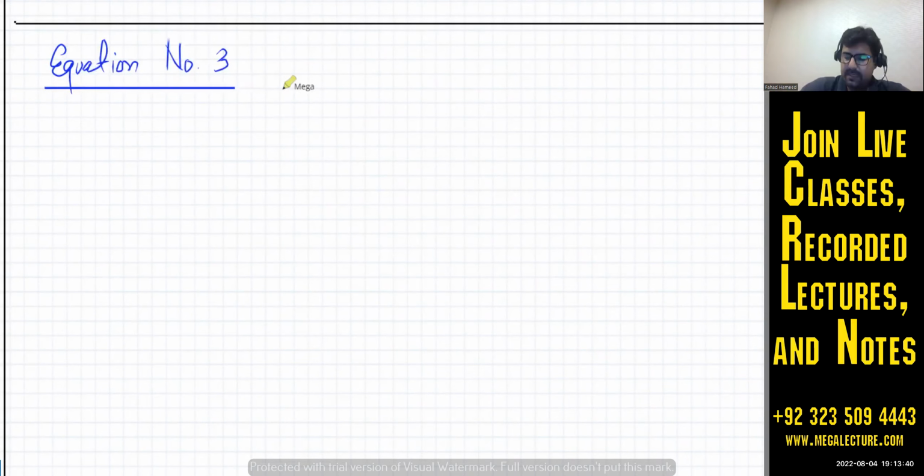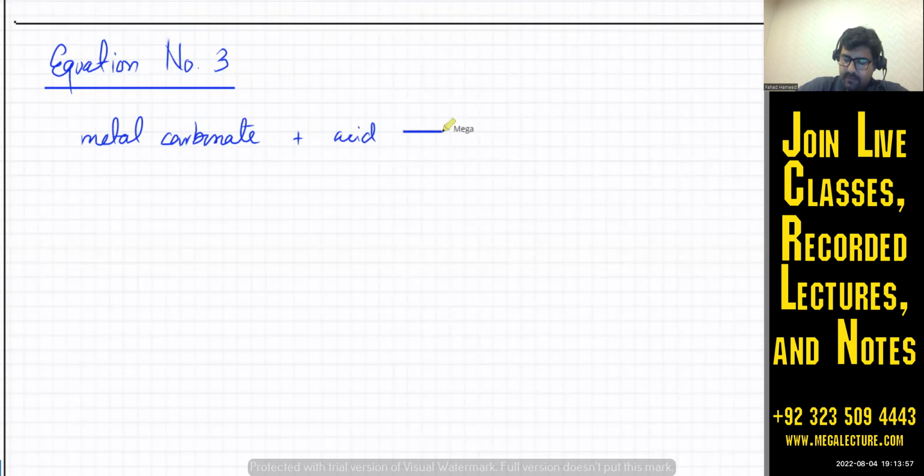So now equation number 3 is a metal carbonate. It reacts with an acid and it produces salt and water and carbon dioxide. Okay, that's the reaction. A metal carbonate reacts with an acid to produce salt, water, and carbon dioxide.